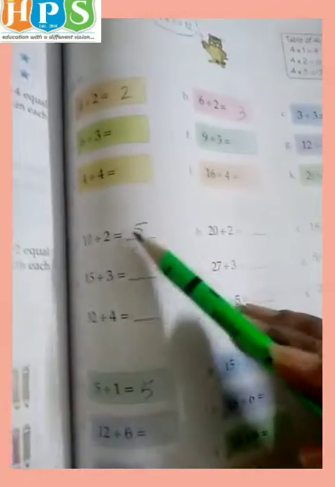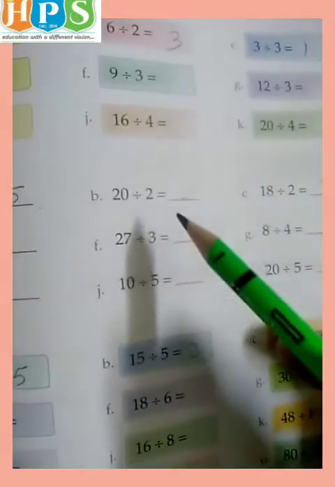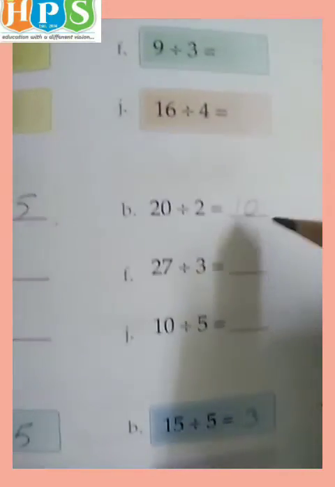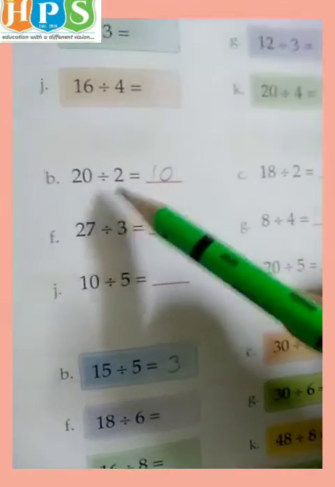It means 4. 10 divide 2. 2 5s are 10. 20 divide 2. 2 1s are 2 and 0. Then 2 10s are 20.